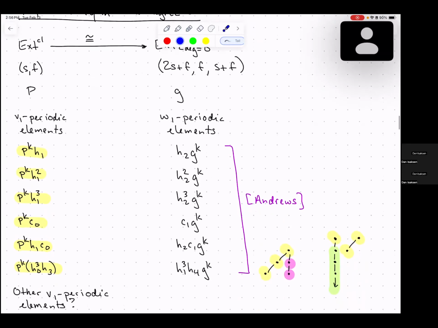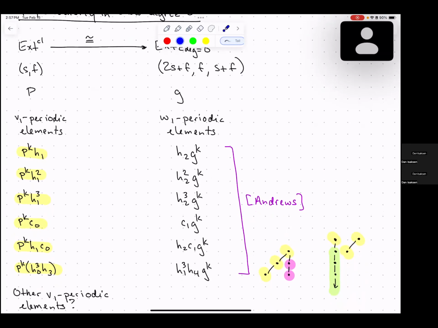Okay, a little picture. This is the motif at the top of the Adams chart. There's this check mark, and then there's a tower and this little thing, and then this thing repeats every 8, 4. This pattern repeats all the way across the top of the Adams chart.